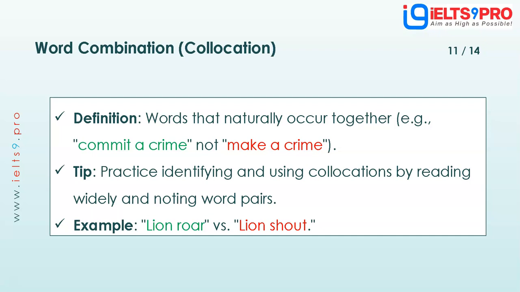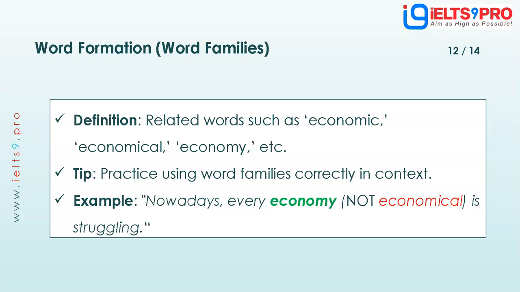Reading as widely as possible is one of the best things any candidate can do. You'll see all these combinations, the collocations, or the idioms, or the expressions, or the sentence construction, the grammatical use. That's the best way, to read as widely as possible. Then you will see all these different things, and you can make a note of them.